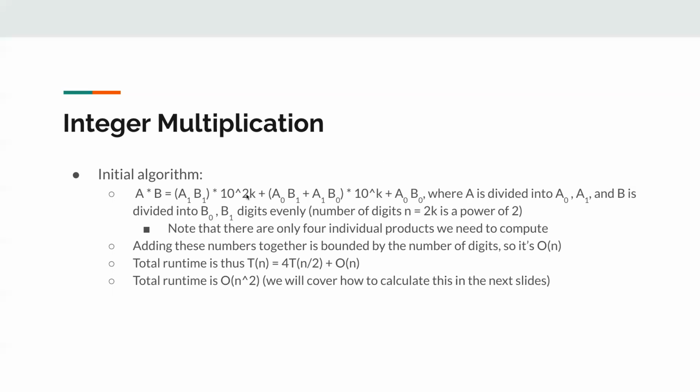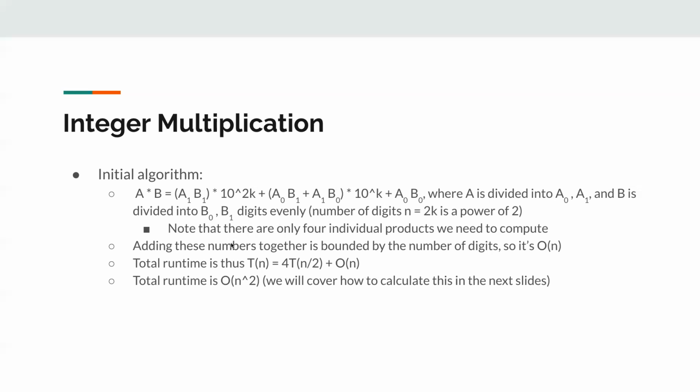If you divide an integer into two halves, you can use this formula to compute the answer. It's by the FOIL method. This is just the formula you would get if you expand that out, right?